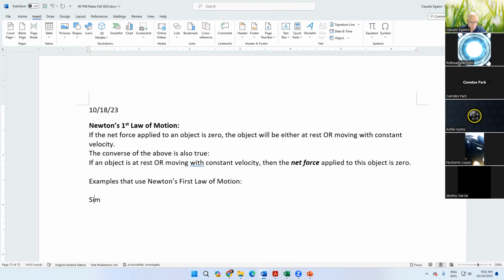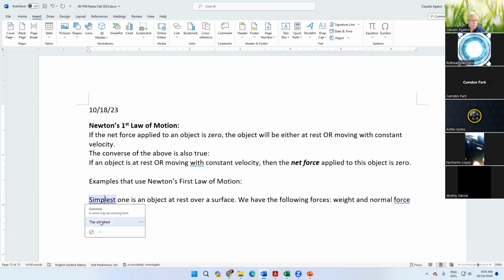Okay, the simplest one is an object at rest over a surface. We have the following forces: weight and normal force. Simplest, okay.